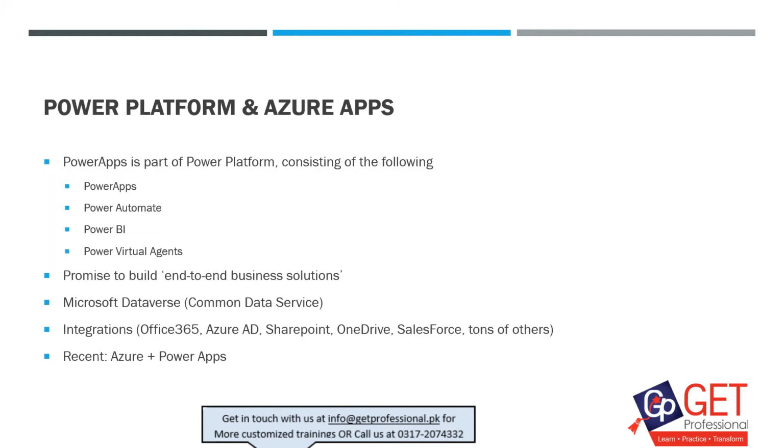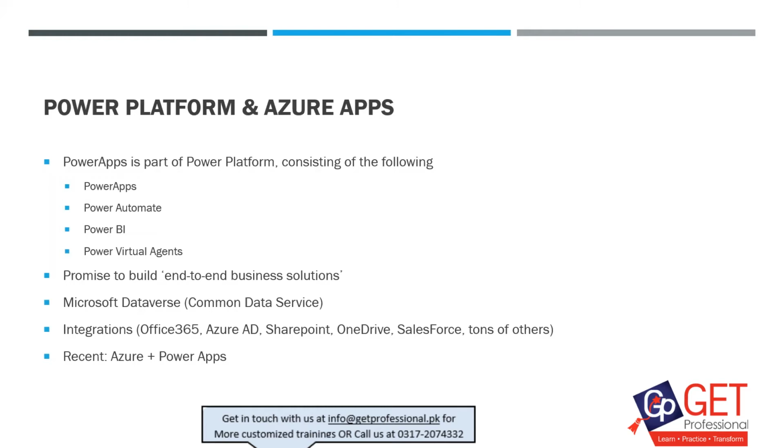Okay. And as I said, there are integrations available. Since Power Apps is available with an Office 365 subscription, meaning that your organization has people, and if they are using an Office 365 subscription, they have Azure AD available as well to manage those users.